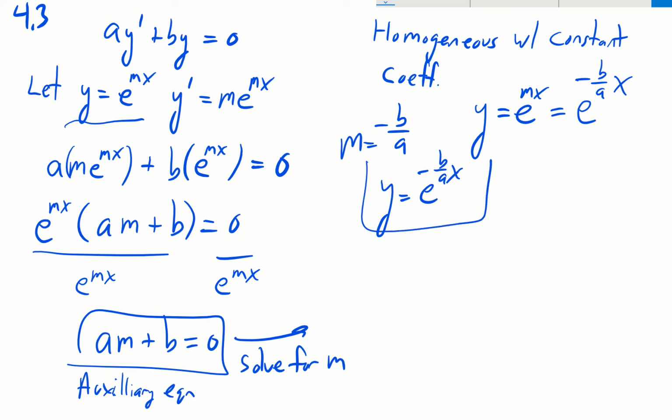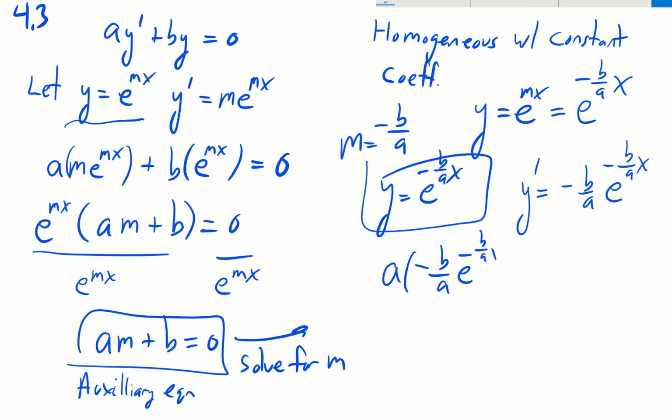Let's actually check to see that this works. If y equals e to the negative b over a x, then y prime would be negative b over a times e to the negative b over a x. That's coming from the chain rule. If we plug it into our differential equation, we have a times y prime, that's negative b over a, e to the negative b over a x, plus b times y, which is e to the negative b over a x.